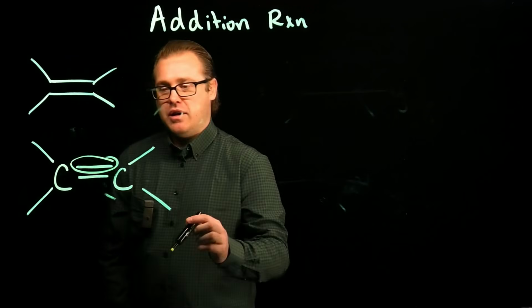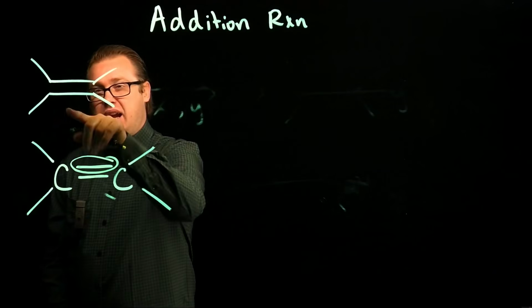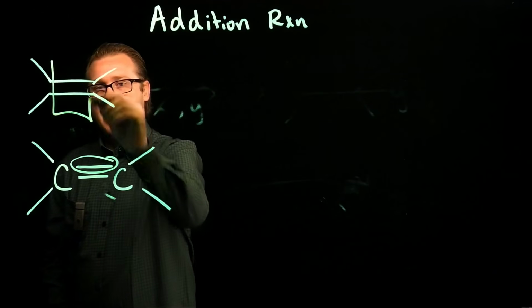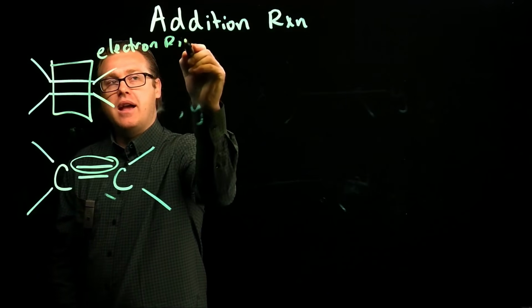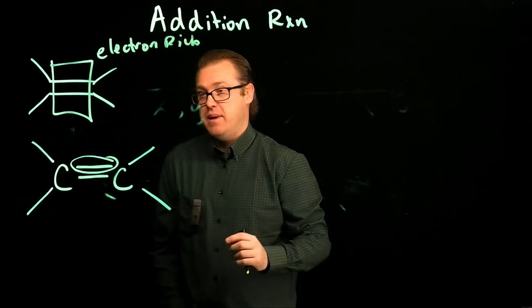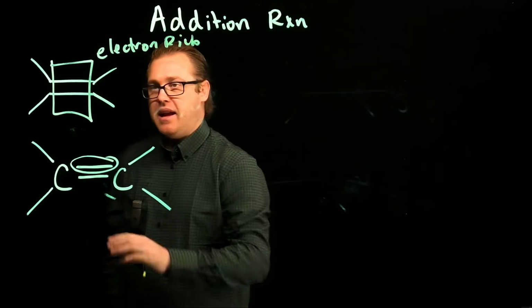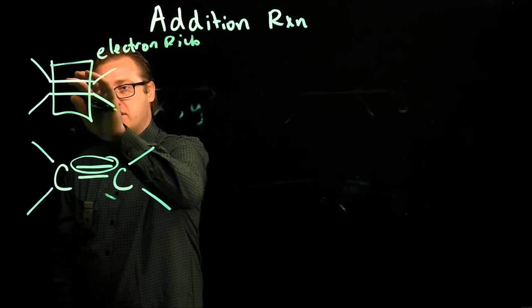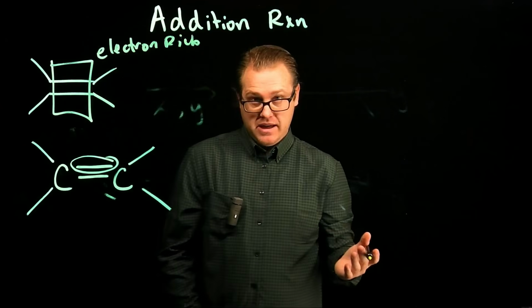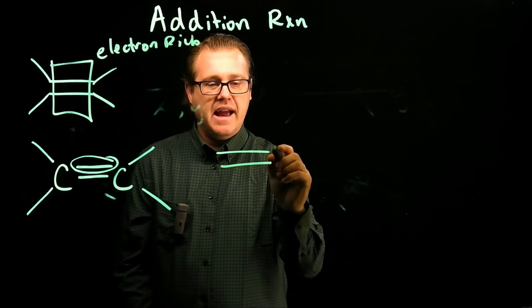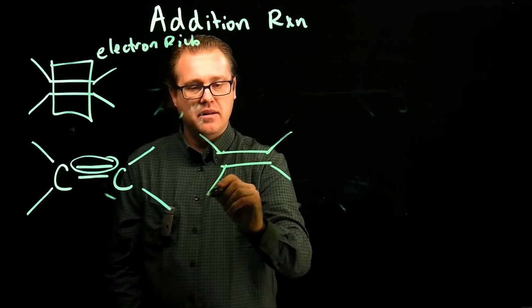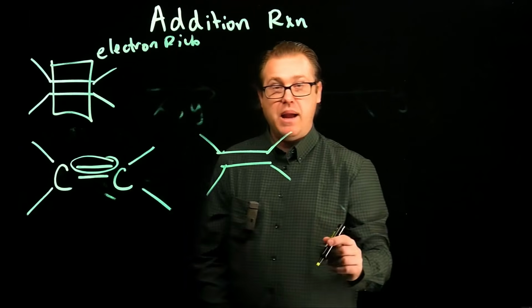When we take a look at an alkene, what we have here is an electron-rich area or region of space. And we're going to take this electron-rich area and use it in a reaction. So for example, we can have an alkene and we can treat it as a base.